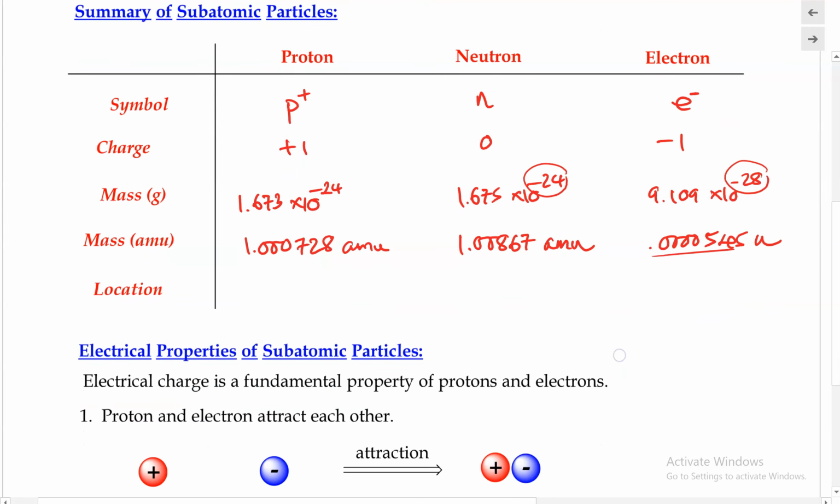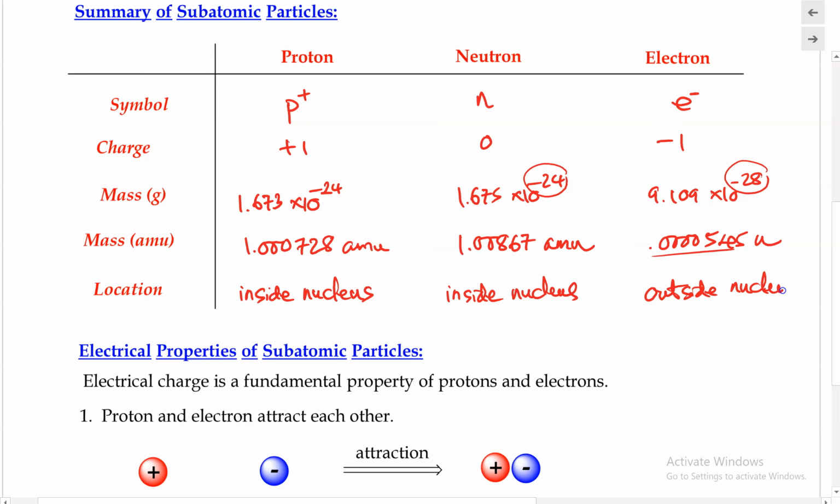And as for the location of where we will find these subatomic particles in the atom, the protons are actually found inside the nucleus of the atom. And for the neutron, same thing, it is found inside the nucleus. And as for the electron, they are outside the nucleus.